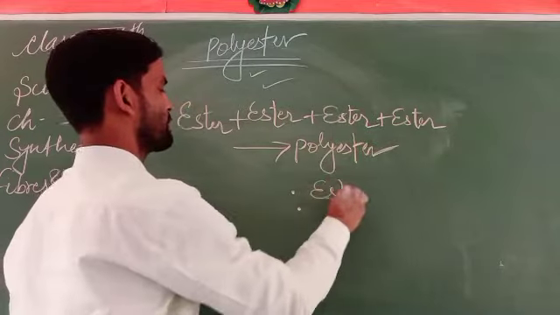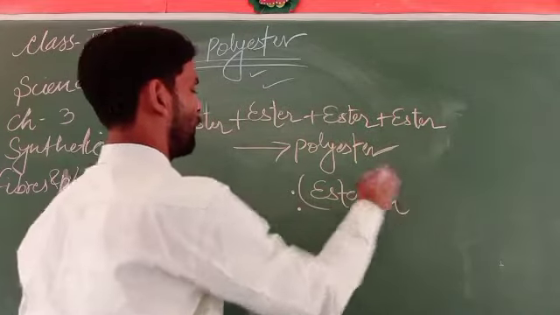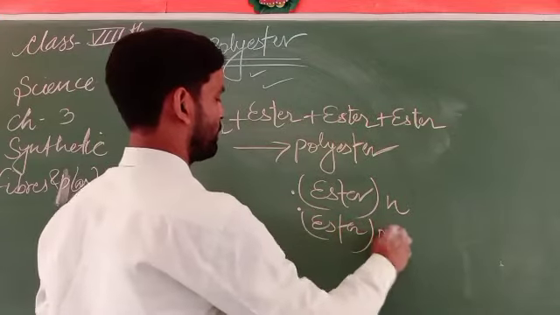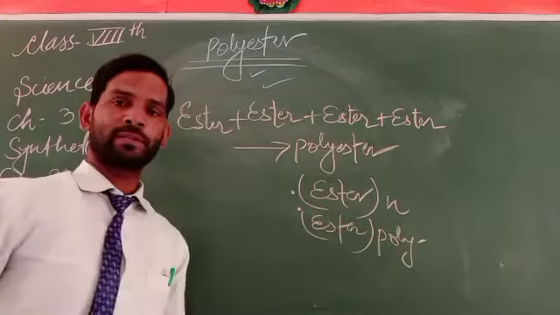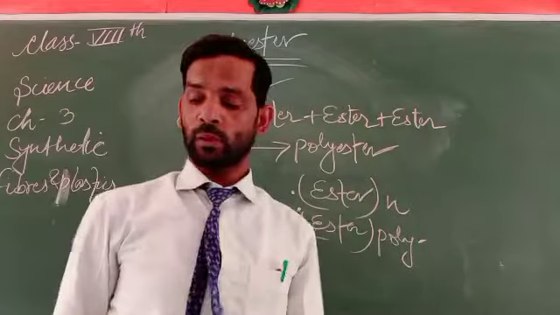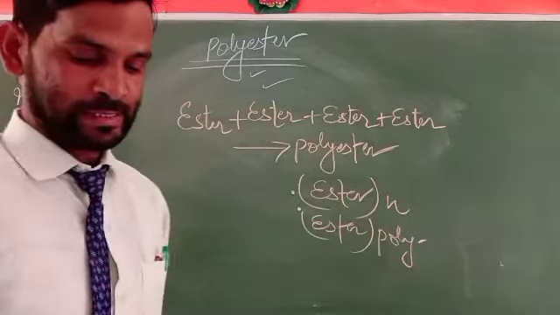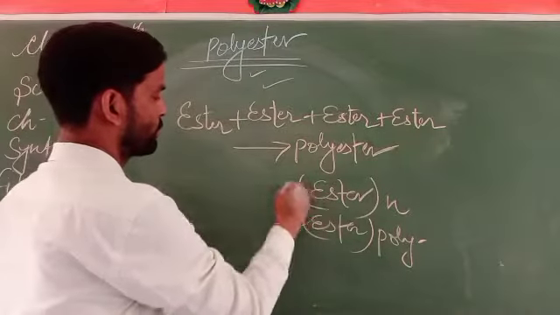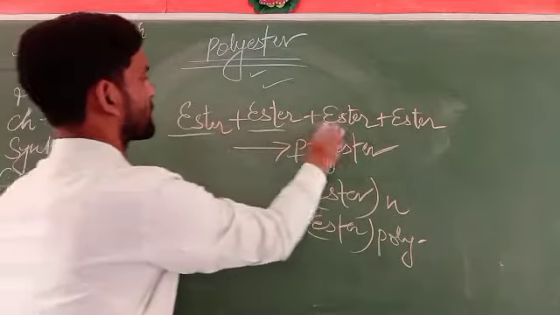That means ester having N molecules, a polymolecule. So why is it called polyester? It is polyester formed due to the repeating unit of esters.